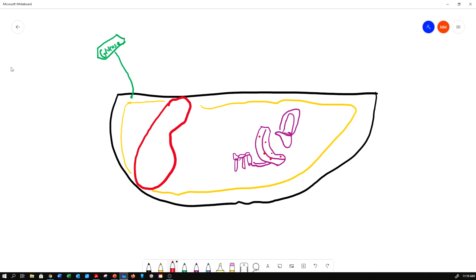So the first step of glycolysis is that one, it occurs in the cytosol.